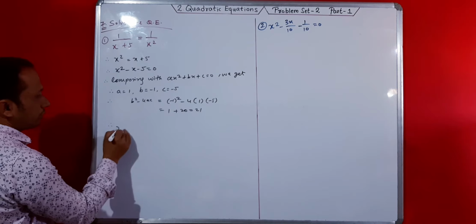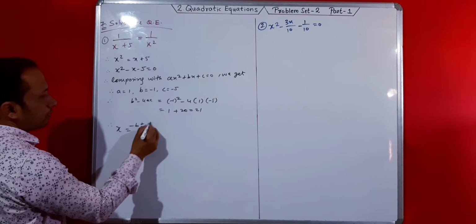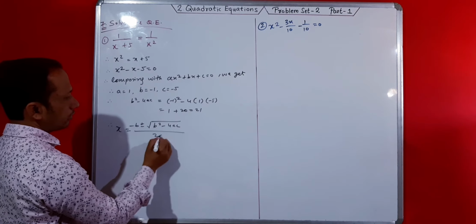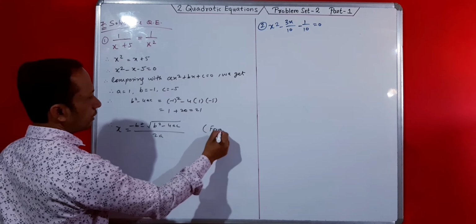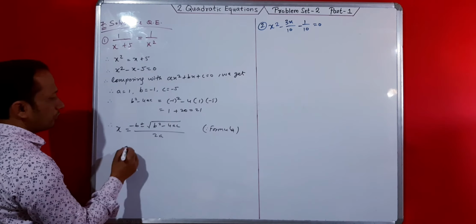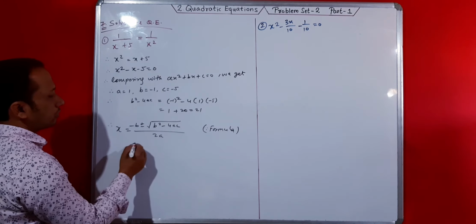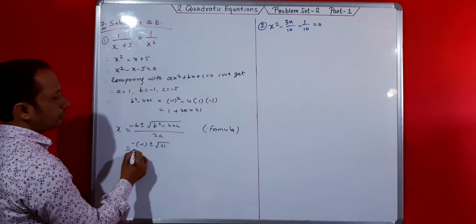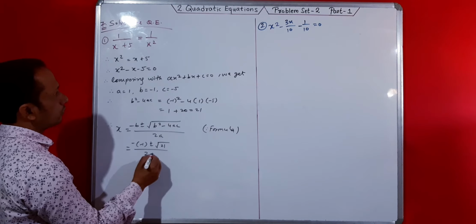Therefore x is equal to minus b plus minus root of b square minus 4ac divided by 2a. This is the formula, you write the formula. So minus b, so minus minus 1, plus minus root 21, and 2 into 1.